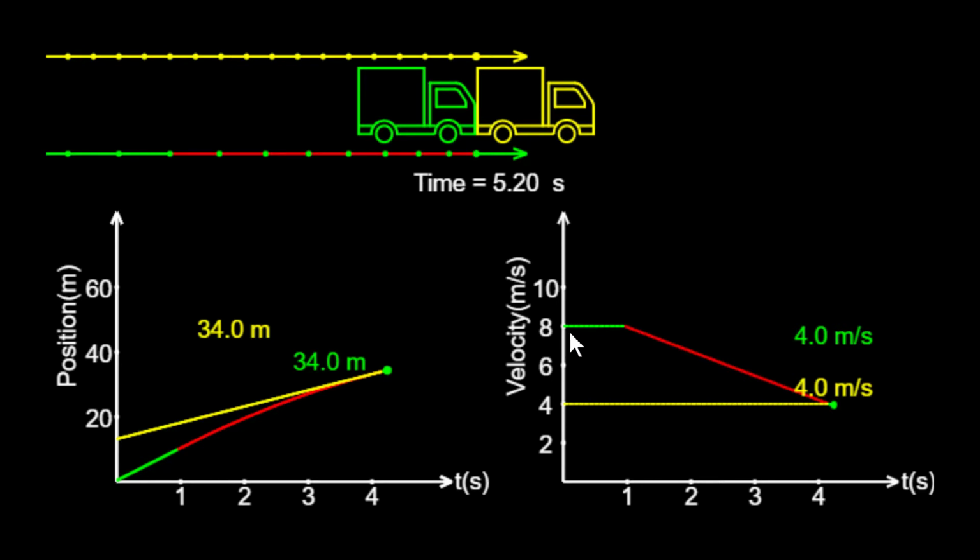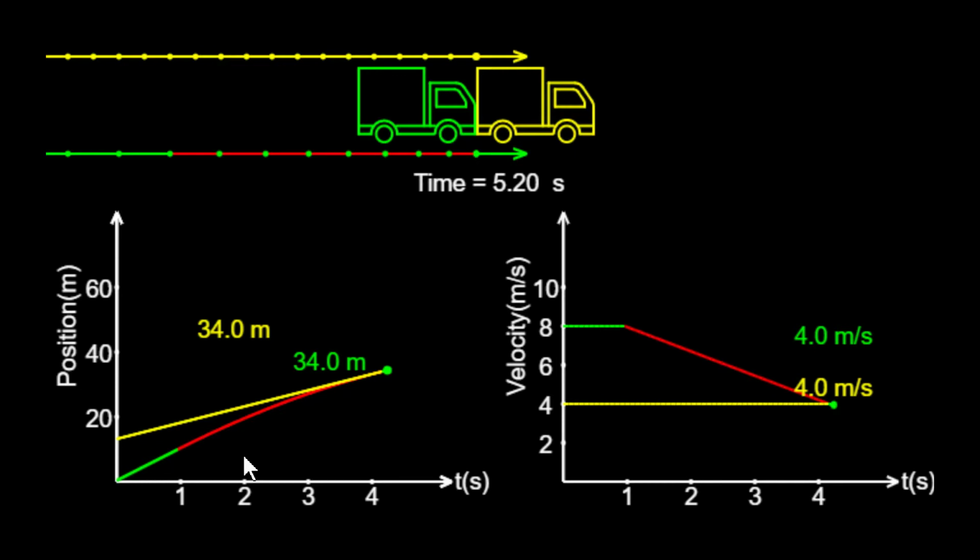Also from the graphs, the green line here is the motion with constant velocity of the truck at the back. It's got initial velocity of 8 meters per second. And this yellow line is for the motion of the yellow truck, and that's got a constant velocity of 4 meters per second. So at the moment when they made contact, they both have equal velocities of 4 meters per second. Collision has been just avoided.